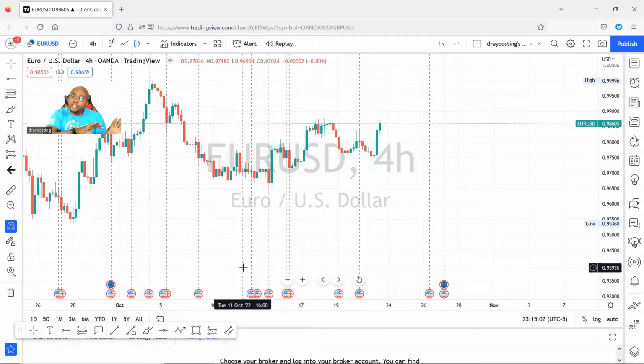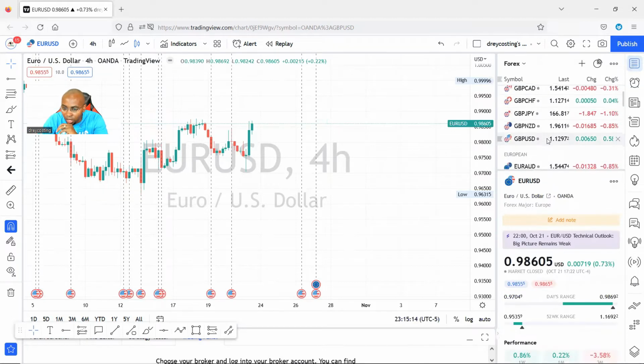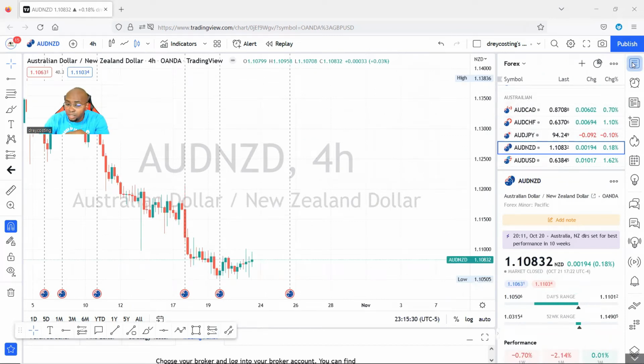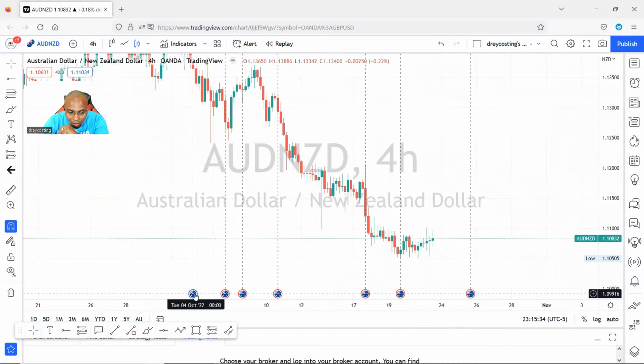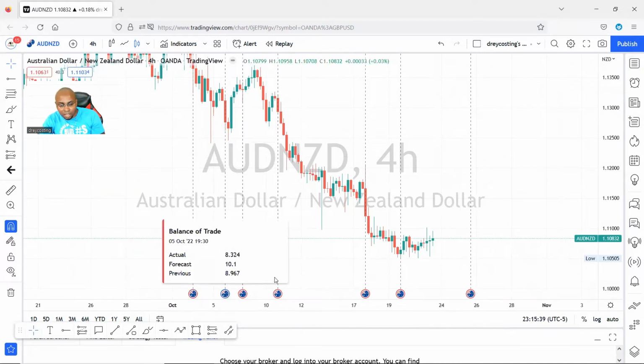Notice you're not seeing any pound flags with any pound news. You're not seeing any Aussie. So let me show a quick demonstration before I drop down. Say you're trading AUD/NZD. Notice now you're seeing Aussie news, you see the flag change.